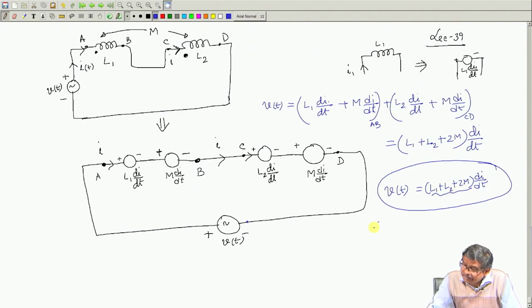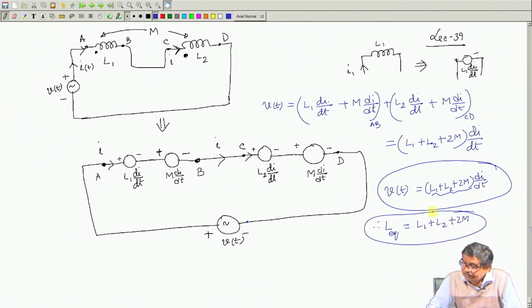So, I can say L equivalent of this circuit is this. What is the point? L equivalent of the circuit can be calculated.